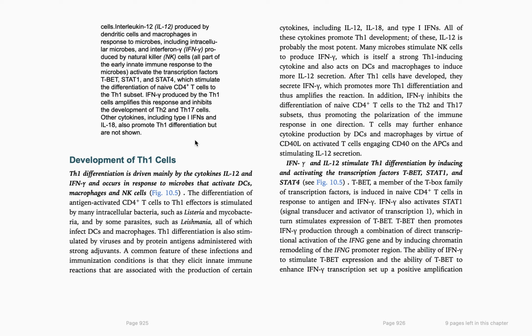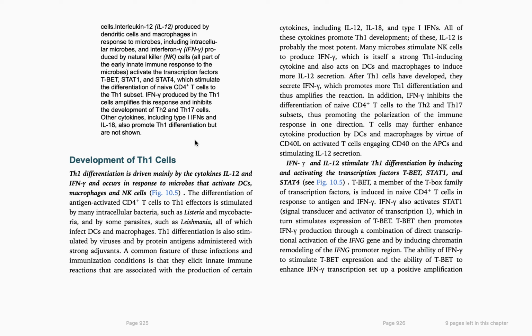Interferon gamma also activates STAT1, signal transducer and activator of transcription 1, which in turn stimulates expression of TBET. TBET then promotes interferon gamma production through a combination of direct transcriptional activation of the IFNG gene and by inducing chromatin remodeling of the IFNG promoter region.